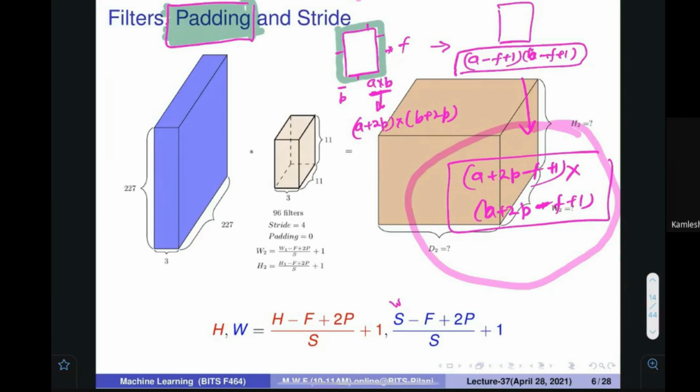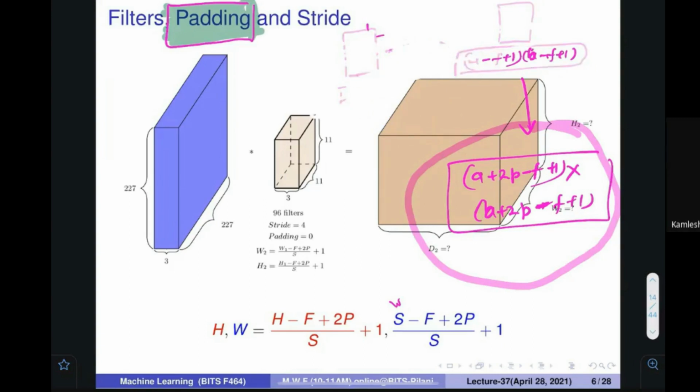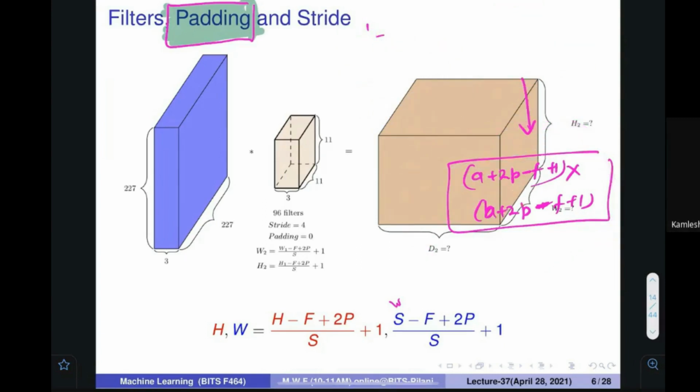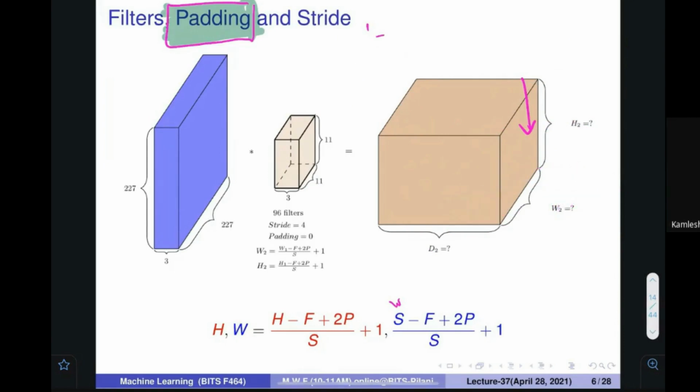Next important concept is called the stride, and actually what does stride mean? It means that when you are going to go in a particular direction, for example, let's assume these are the pixels over here.